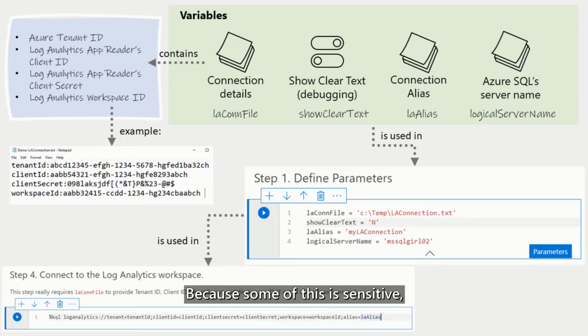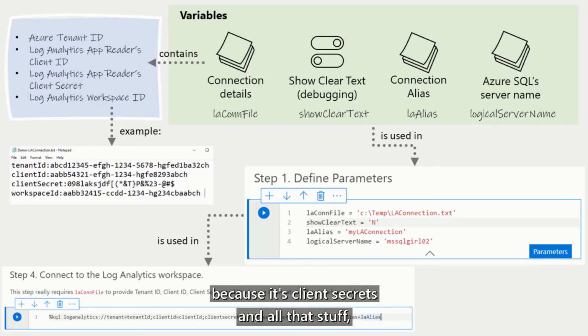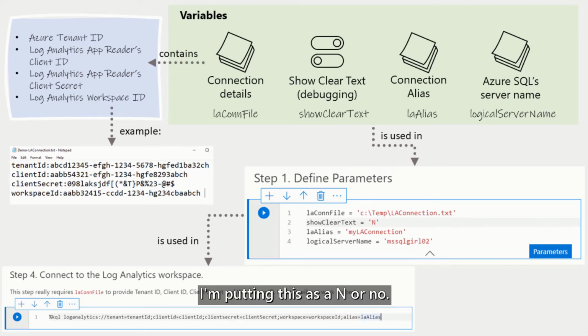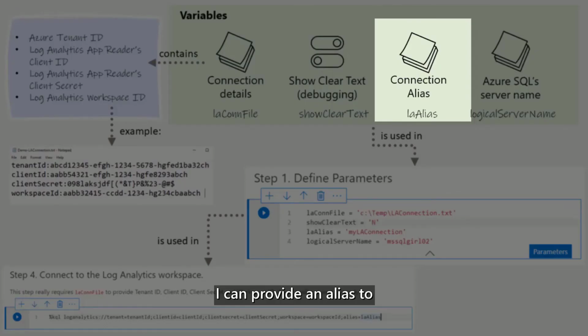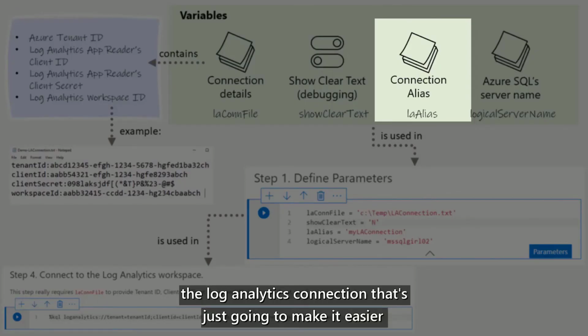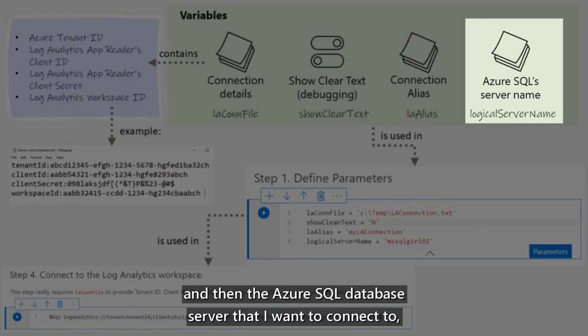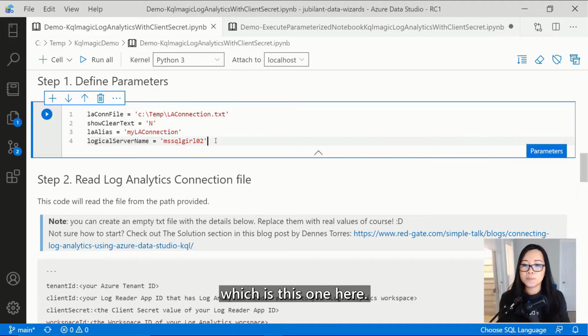Because some of this is kind of sensitive, because it's client secrets and all that kind of stuff, it's part of the connection string, so I'm putting this as N or no. And I can provide an alias to the log analytics connection. That's just to make it easier to refer to or to remember. And then the Azure SQL database server that I want to connect to, which is this one here.